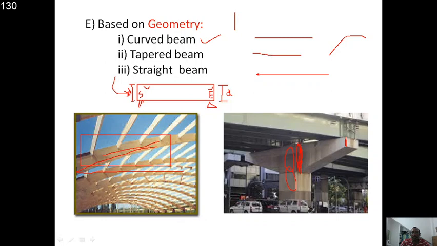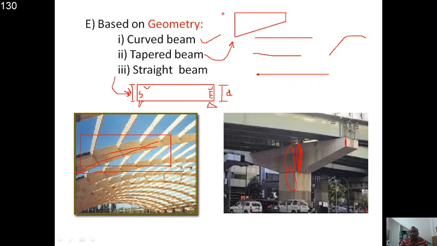So initially this is the depth of the beam, right? After some distance it is going to be reduced. So this is known as the tapered beam.